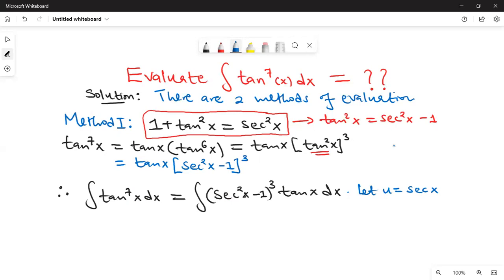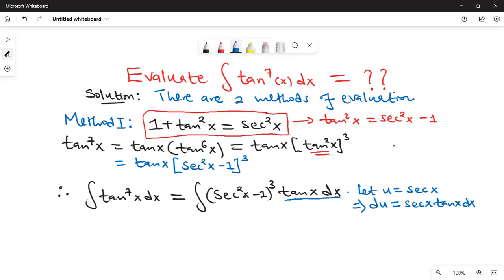So therefore, du dx will give us sec x times tan x. Remember this dx, du dx, when you multiply, you get times dx. So let's make tan x dx the subject.